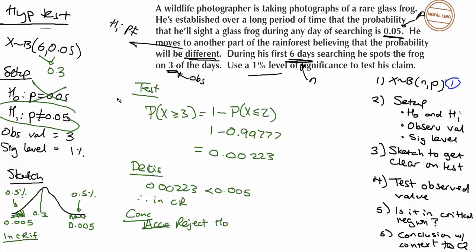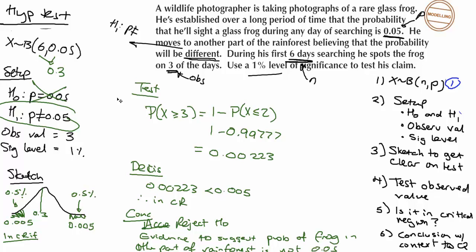So you just say there is evidence to suggest the probability of spotting the frog in another part of the rainforest is not 0.05. Simple as that.